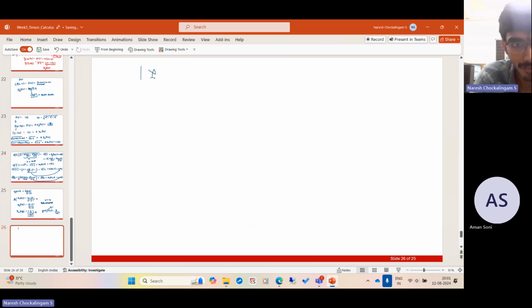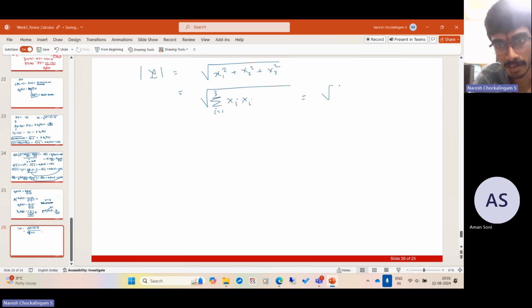The magnitude of a vector in indicial notation is square root of x1 square plus x2 square plus x3 square. What is this? This is basically the summation of xi xi, i going from 1 to 3. We can drop the summation, so you get square root of xi xi. Now you are interested in the gradient of this.